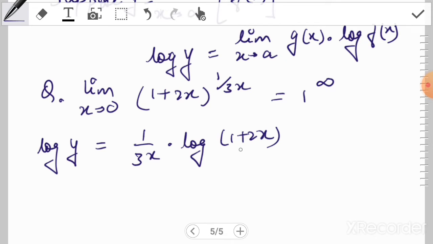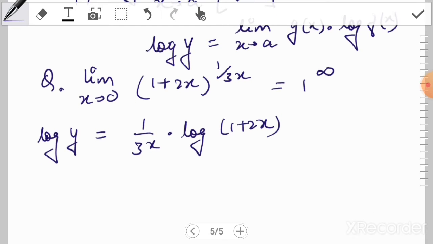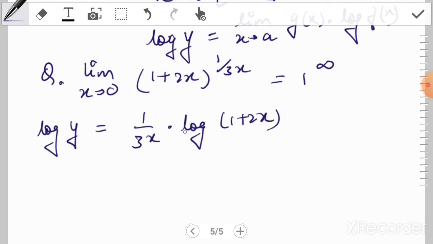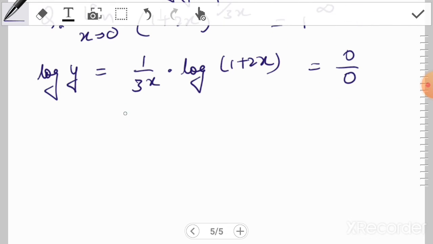Okay, so now log 1 is 0, so this is in the 0 by 0 form. Now using L'Hospital's rule, differentiating log (1 plus 2x) gives 2 by (1 plus 2x), and differentiating 3x with respect to x gives 3.